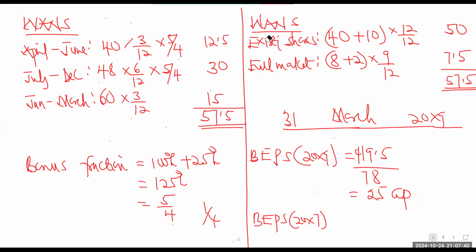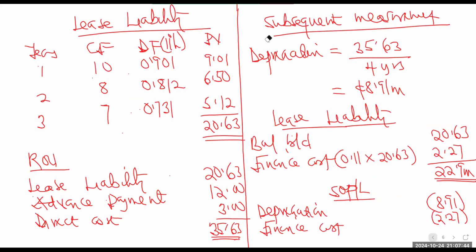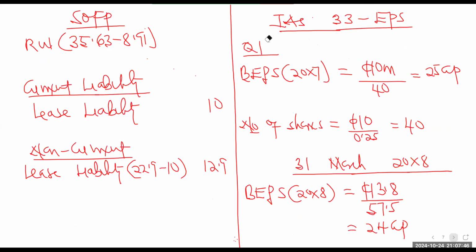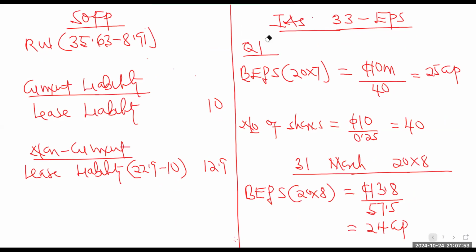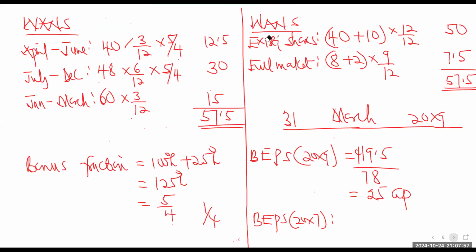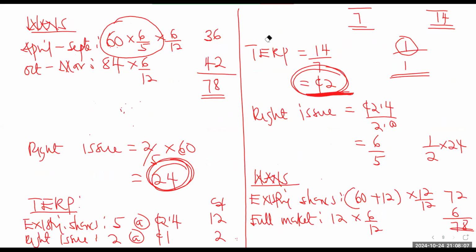So what will happen is that our comparative figure for 2x7, we have our earnings per share to be 25 pesos. So we have 25 pesos multiplied by the reciprocal of the bonus fraction, 4 over 5, multiplied by the reciprocal of what?